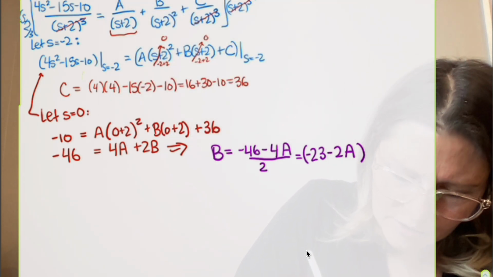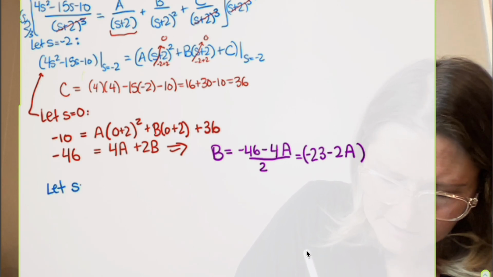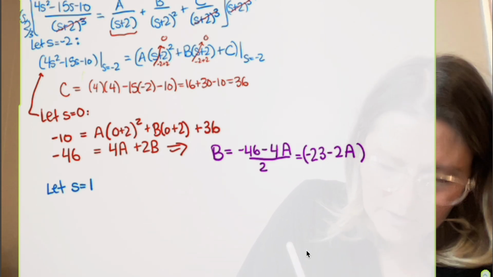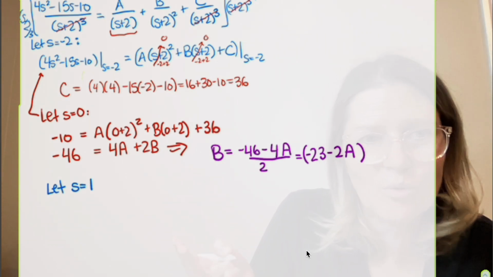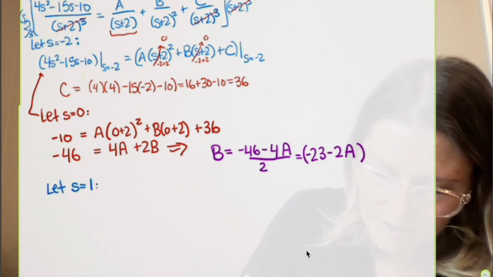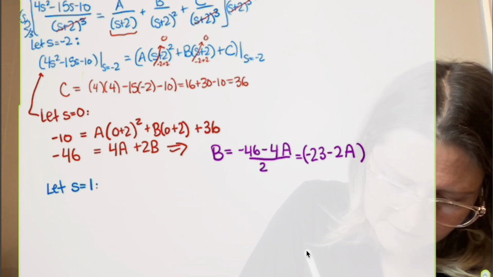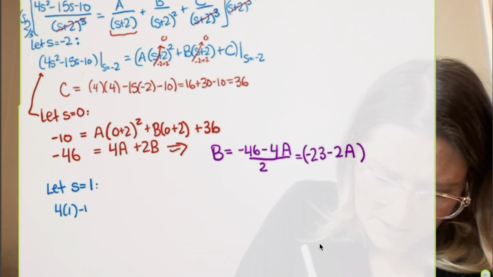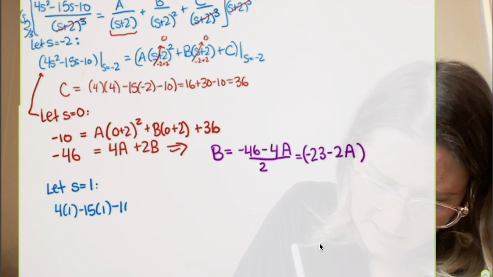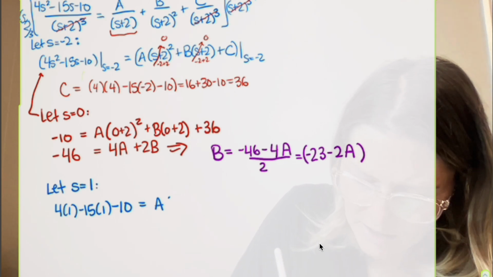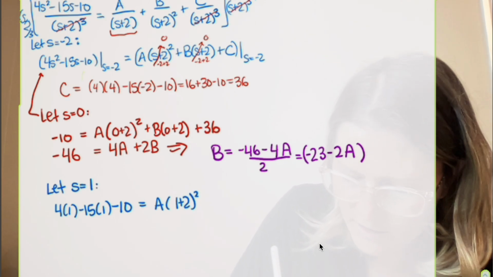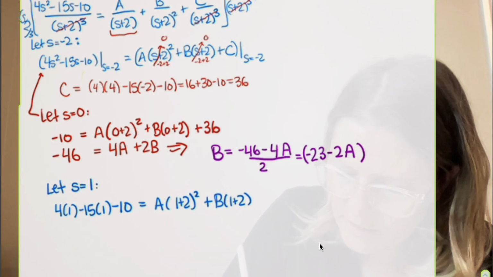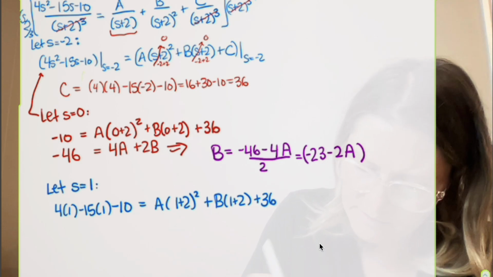I can now choose another value for s, and I'm just going to pick again a random value that's not s equals -2. 1 is also another easy number. So I plug this in, I get 4 times 1 minus 15 times 1 minus 10, equals a, 1 plus 2 squared, plus b, 1 plus 2, and then plus c, which is 36.